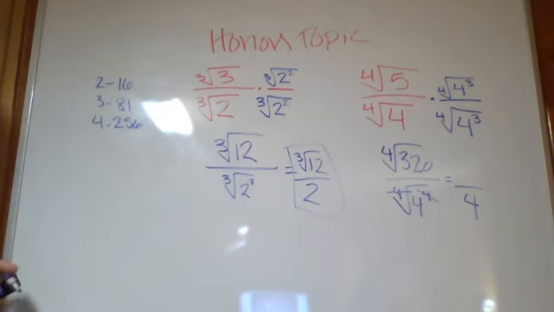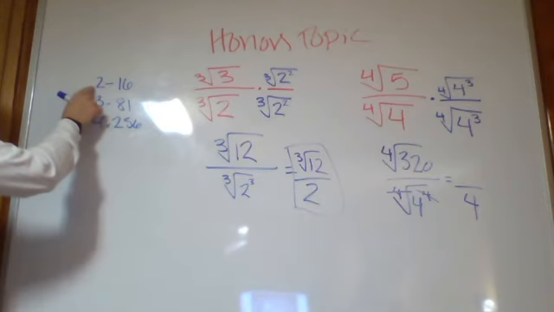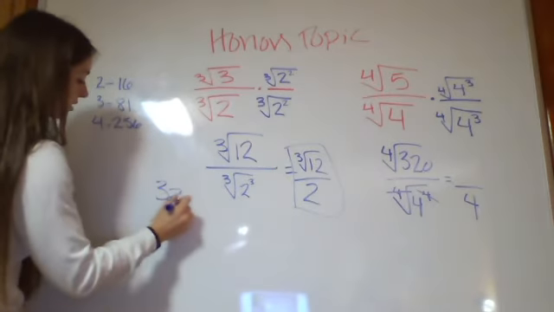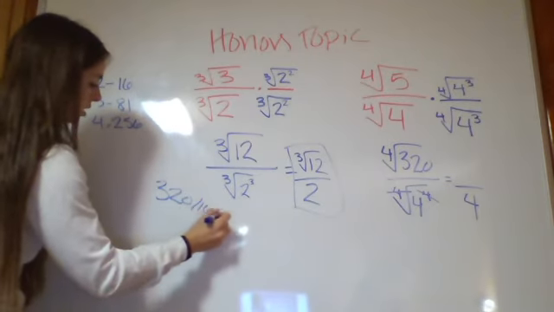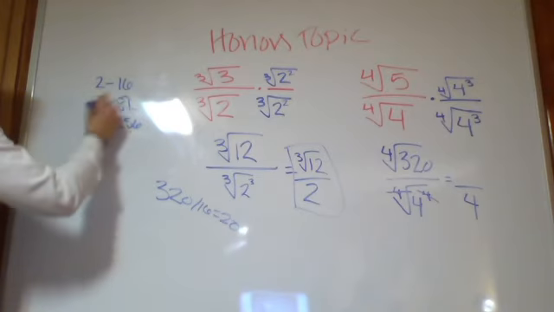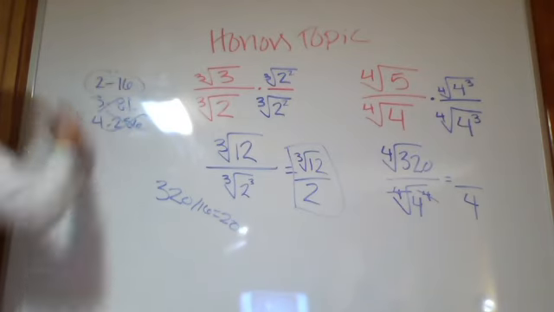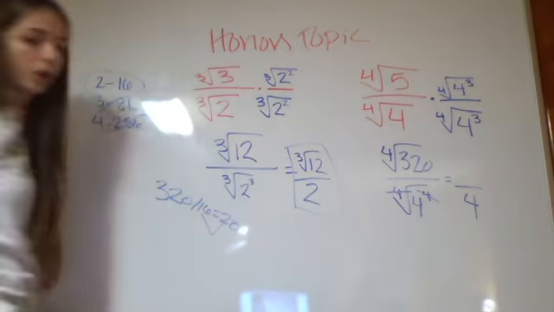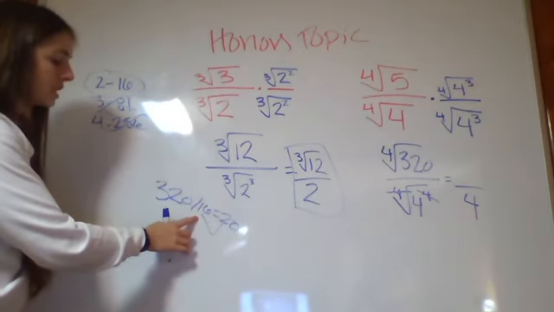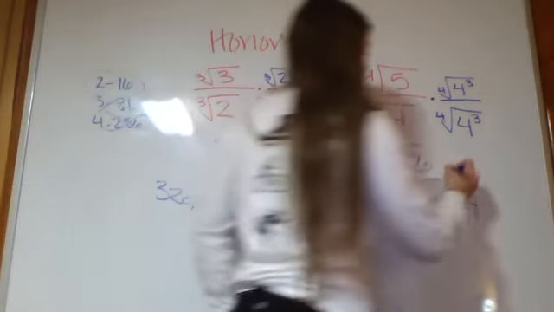So we want to say, is 320 divisible by 16? 320 divided by 16 gives us 20. What about, is it divisible by 81? That is a no-go. So 81's out, 256 is out. 16 and 20 are going to be our factors. So we take the 4th root of 16 times the 4th root of 20.